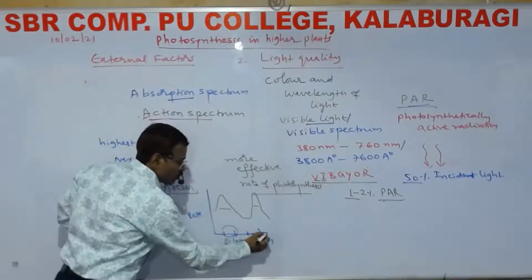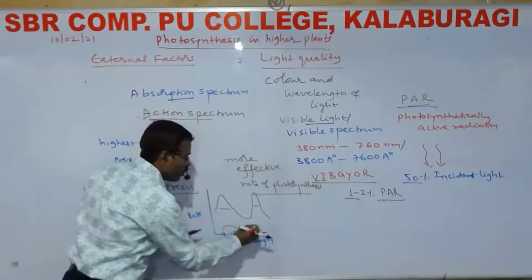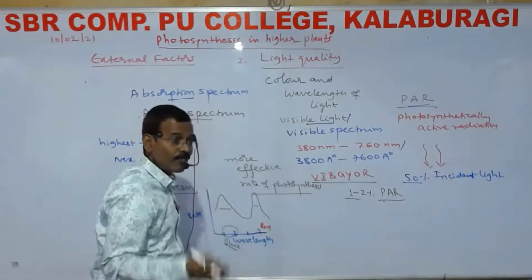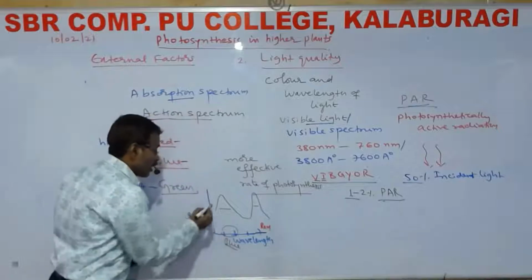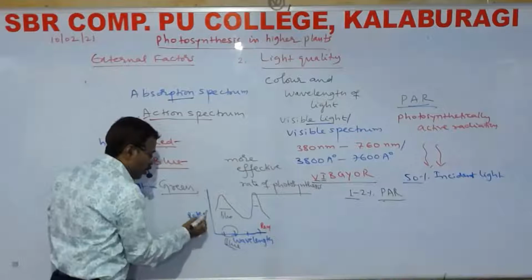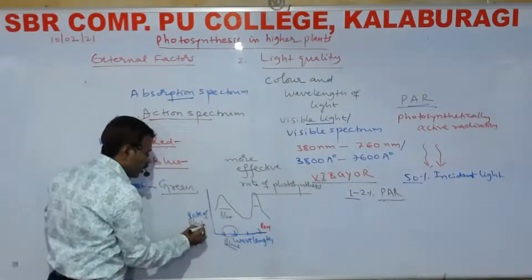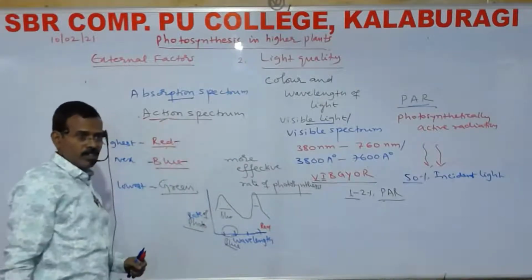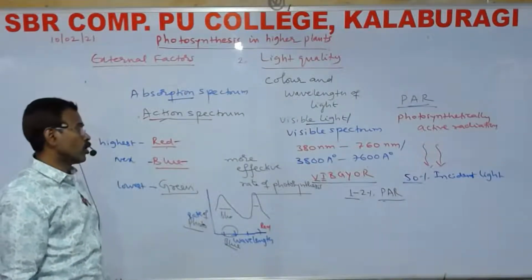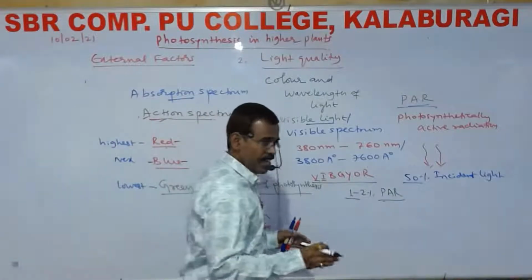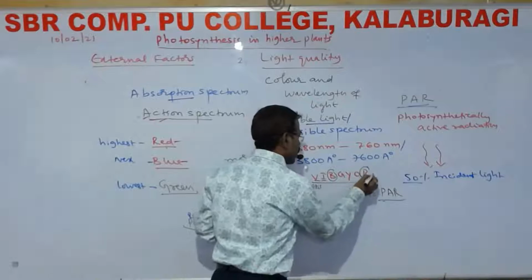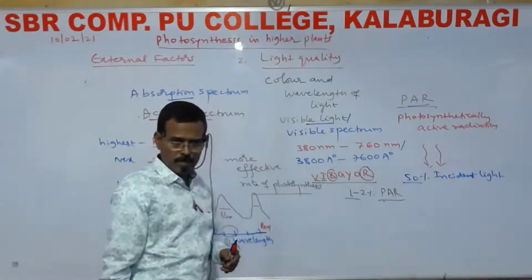This one comes in the range of red. This is what we call action spectrum. The graphic representation of the effect of different wavelengths of light on the rate of photosynthesis is referred to as action spectrum. It was first explained by T.W. Engelmann. So among these different colored lights in the visible spectrum, these are very effective in increasing the rate of photosynthesis.